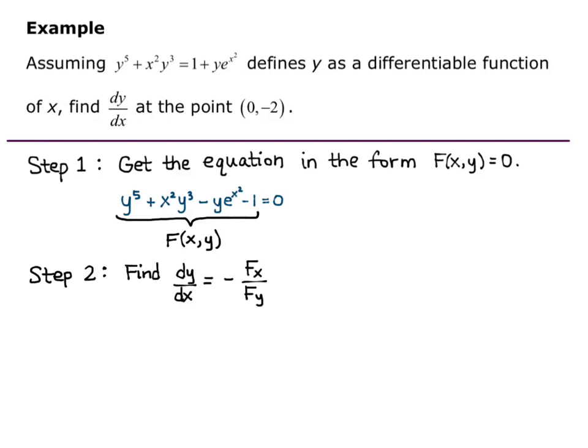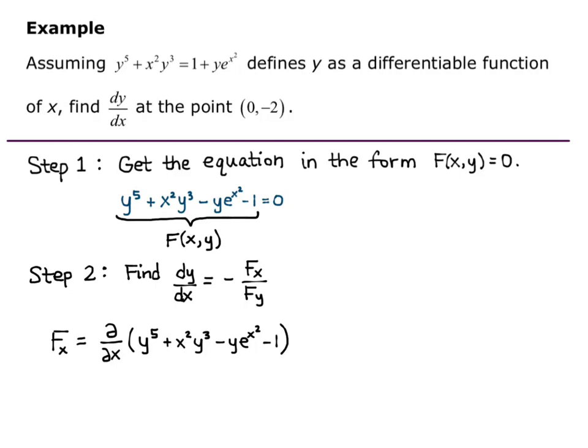Step 2, find dy/dx equals negative f sub x over f sub y. F sub x is the partial derivative with respect to x of y to the fifth plus x squared y cubed minus y e to the x squared minus 1.